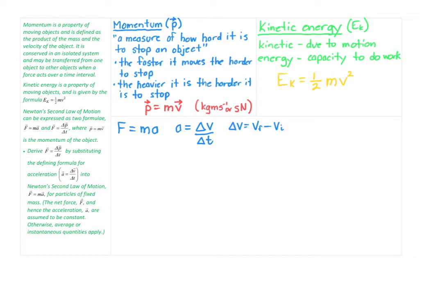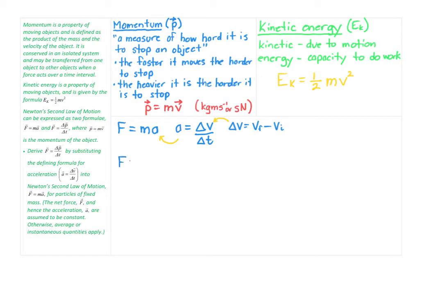We know that force is equal to mass times acceleration. We know acceleration is equal to the change in velocity over the change in time, so how fast the velocity is changing. And we can think of change in velocity as Vf minus Vi. So if we substitute this equation into here for a, and we substitute that formula there for delta V, but I'll do that in two steps, we get something that looks like this.